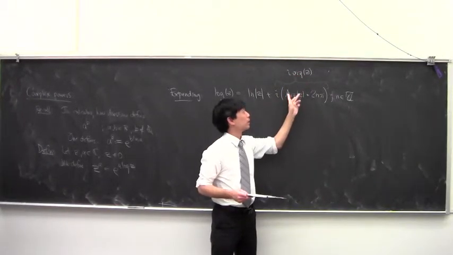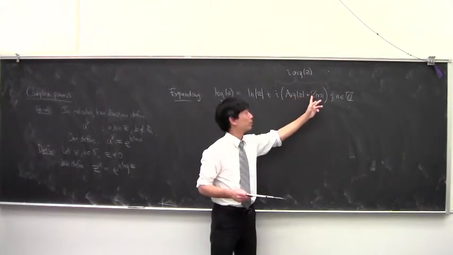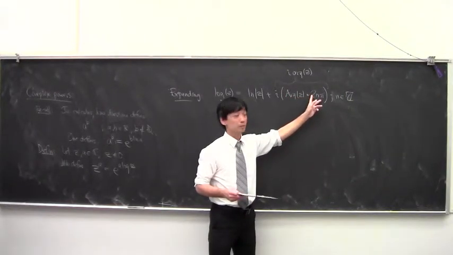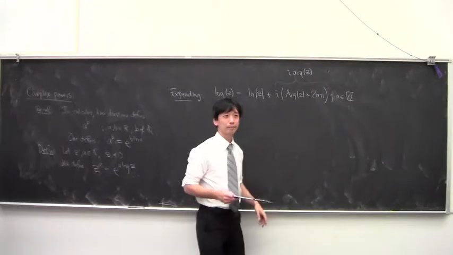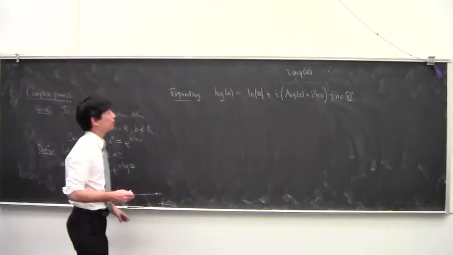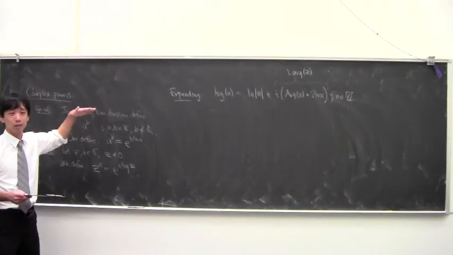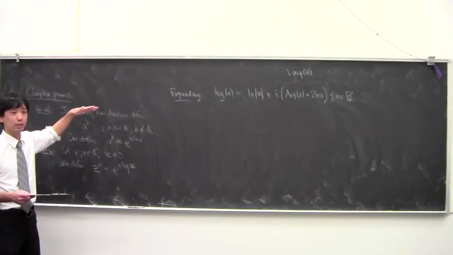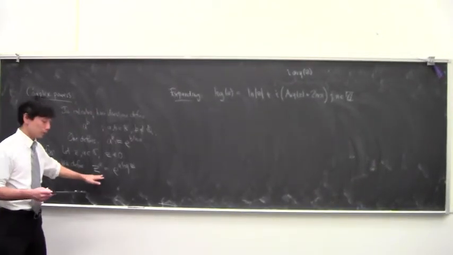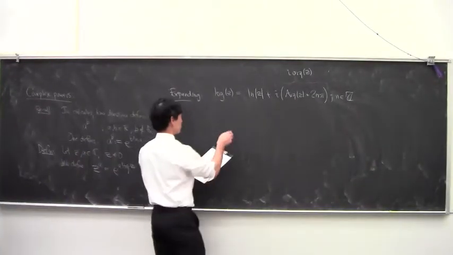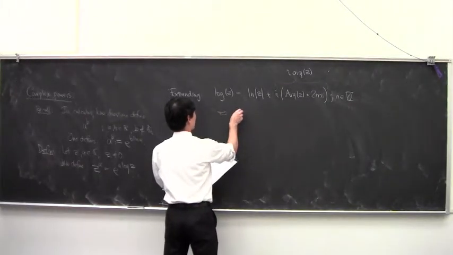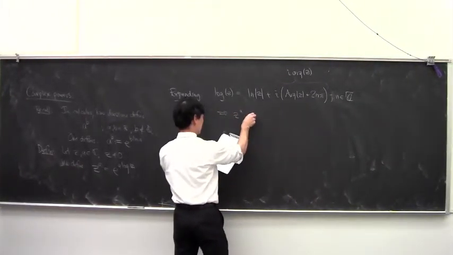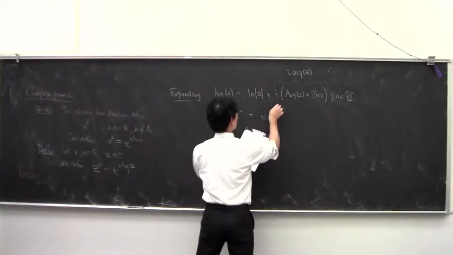Remember, arg z is going to be the principal argument plus multiples of 2 pi. So the log is this multiple valued function. It has multiple values. And so what is this z to the a? What we mean by this is e to the a times that term up there.